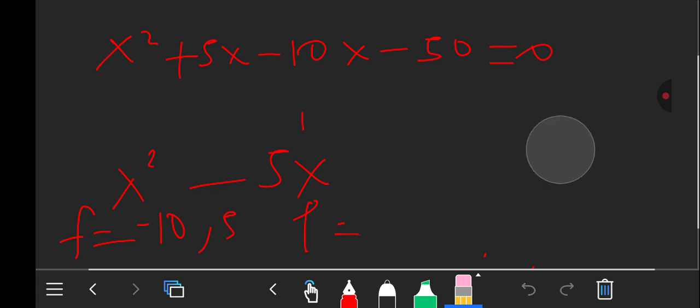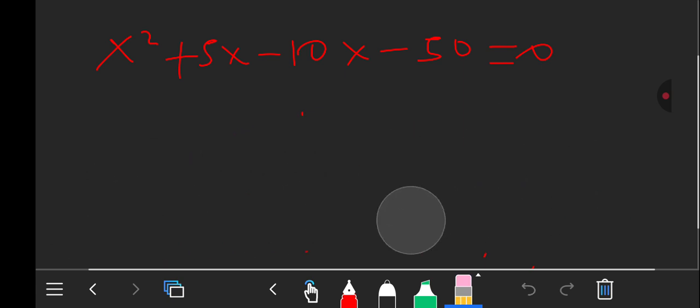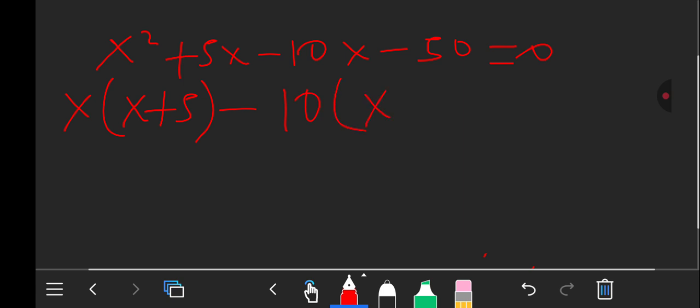So we factor out x, it will be x plus 5, then minus, factor out 10, it will be x plus here 50 divided by 10, that is just 5, is equal to 0.